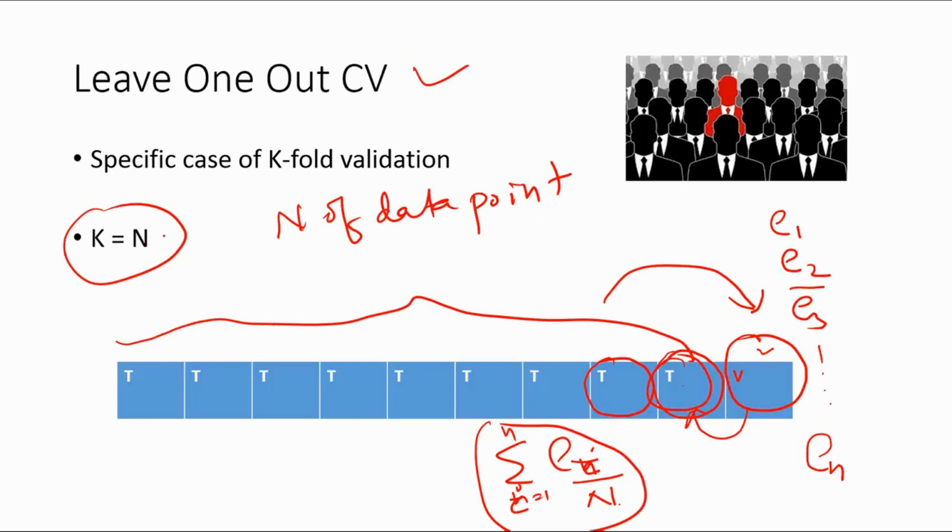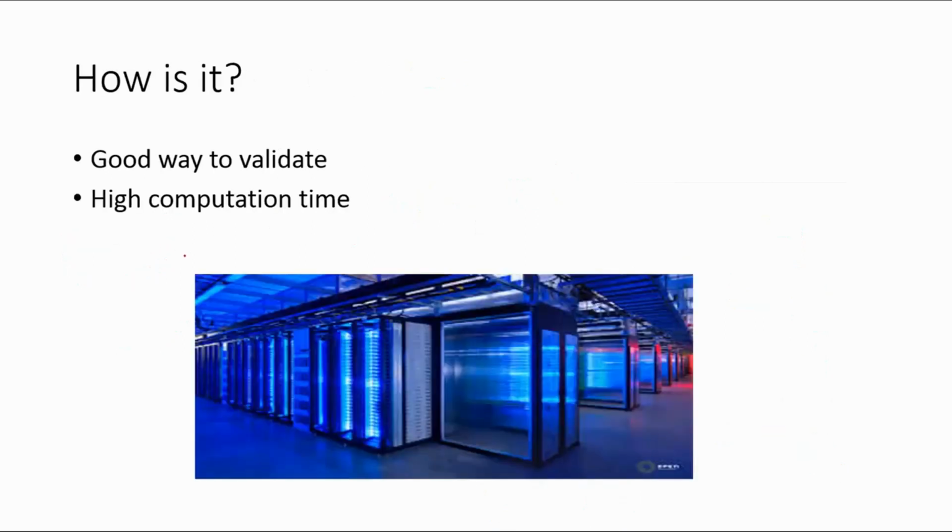So what is the problem in this case? The problem is that it will take a lot of time to compute. If you have, let's say, 1000 data points, you will have 1000 iterations to perform. So you will build 1000 models. Okay, so you take 999 data points, build a model, test on the one validation data point that you have kept outside, and keep on changing.